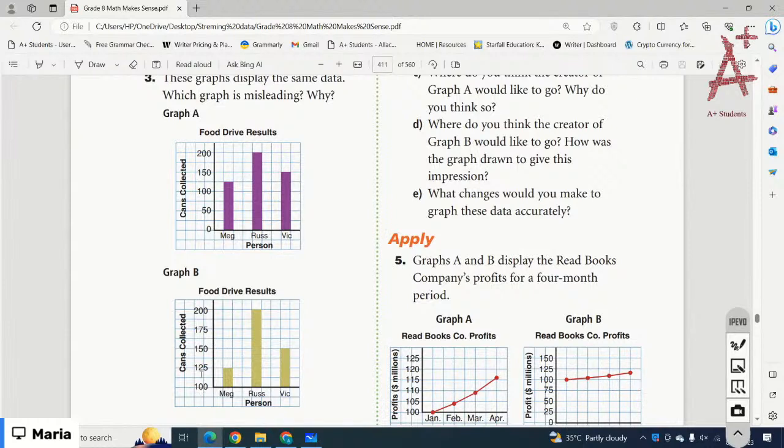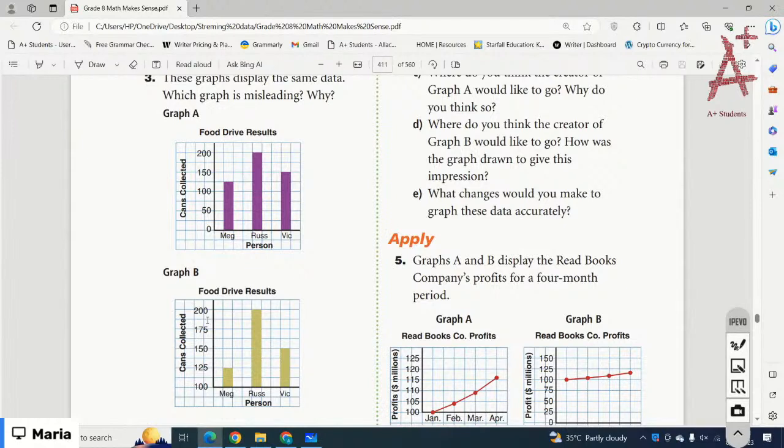You can see this one, 125 is Meg, Rus is 200. If you start with 100 and you have 200, it would be 4 times as great as in graph A, right?